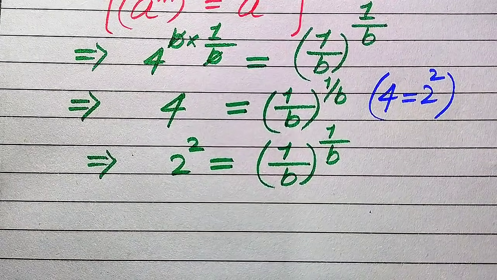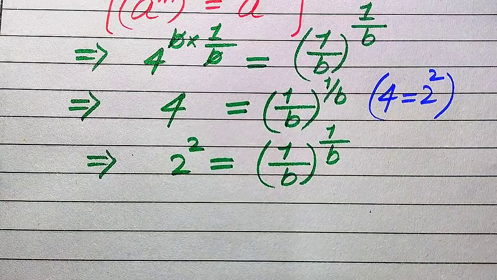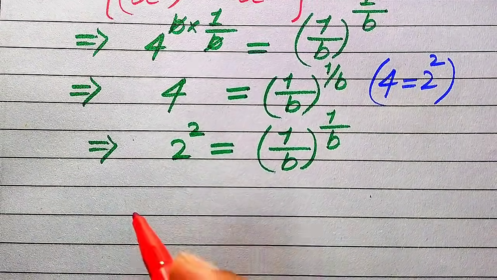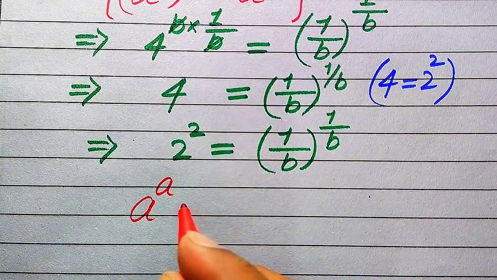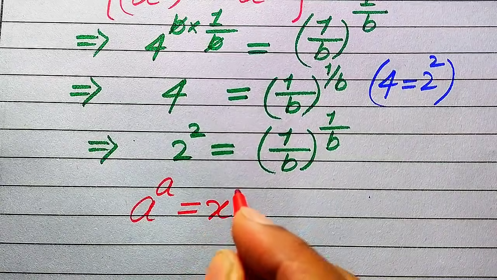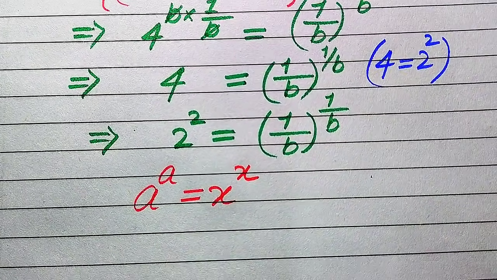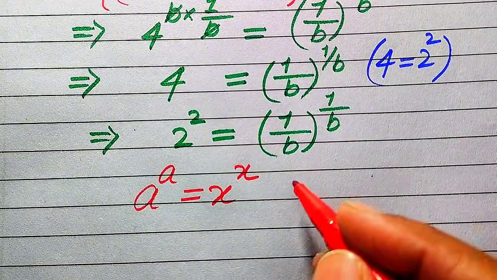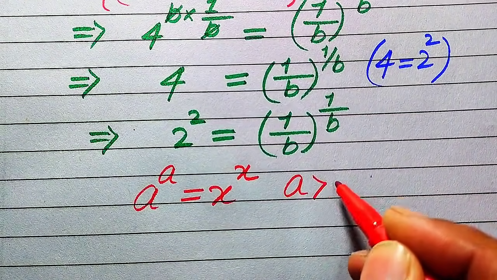So in the next step we need to compare both of the sides, or here we have another nice, very famous algebraic formula. You know that if we have a to the power of a is equal to x to the power of x, and here we have one more condition, that a is greater than 0.